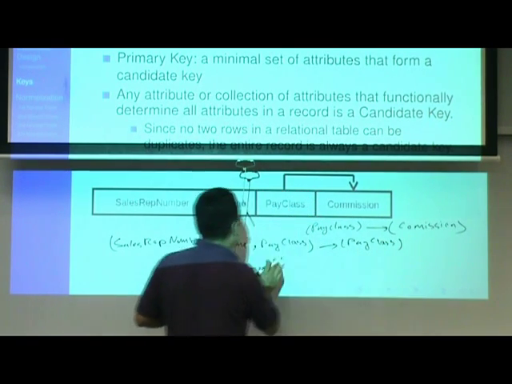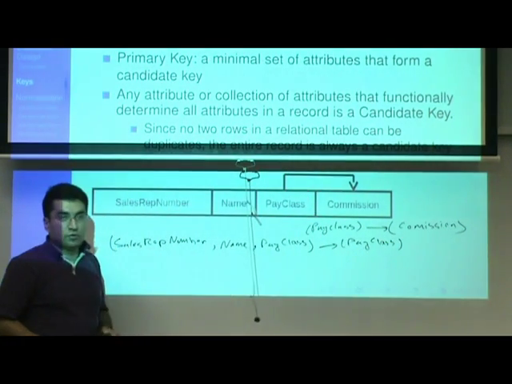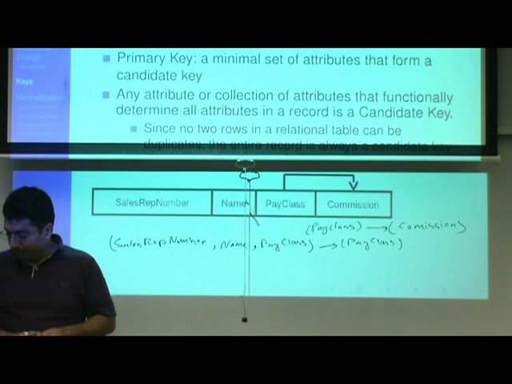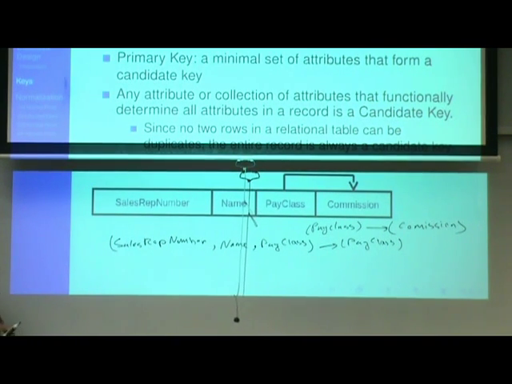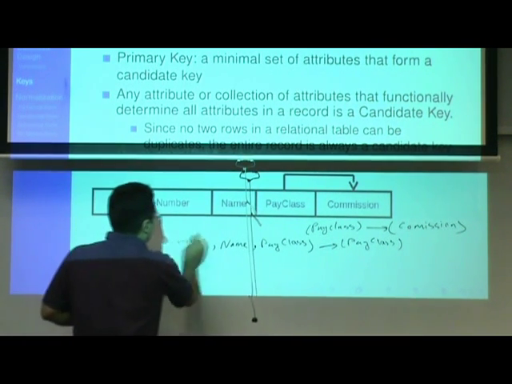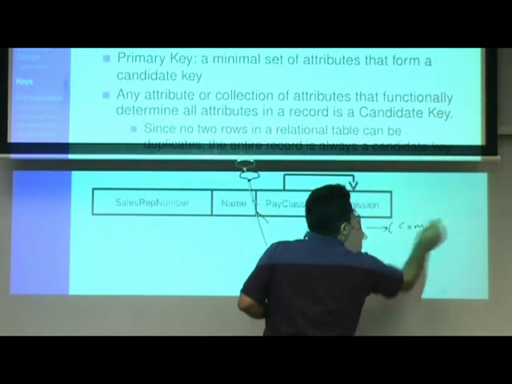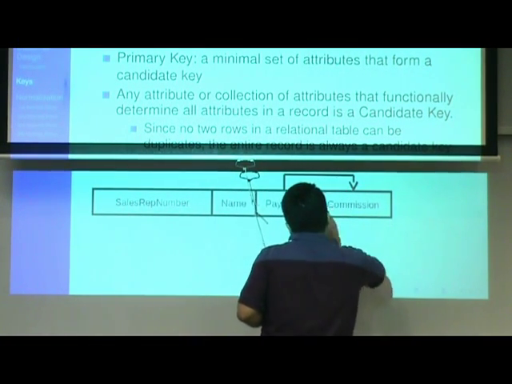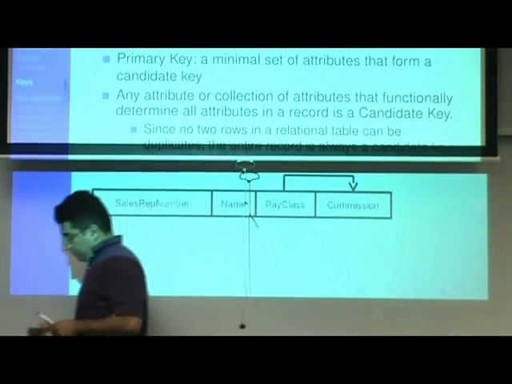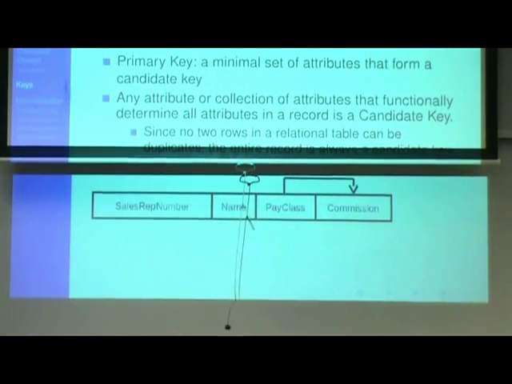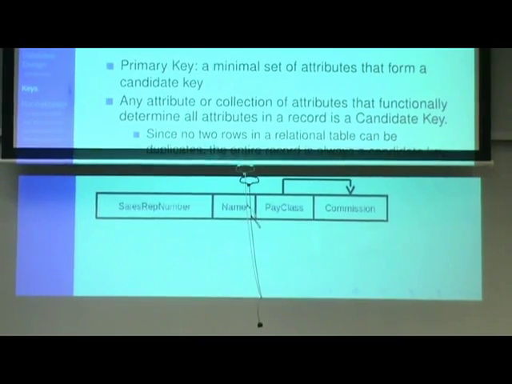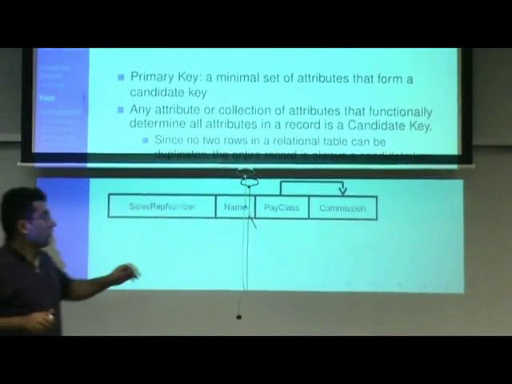It means that pay class does not depend on just these two attributes, okay? So this is how we represent dependencies, and we will need this kind of arrows later on to decide about dependencies in fourth normal form and third normal forms.